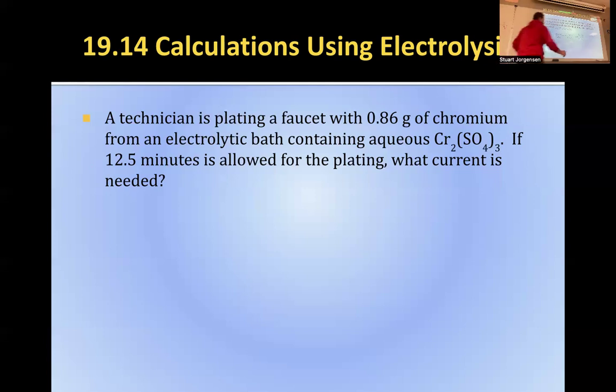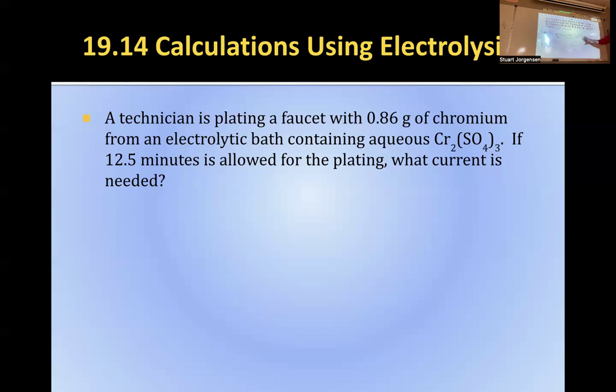We want to solve for amps, yeah? It's just charge over time. A lot of amps. That would shock you. That one would hurt.